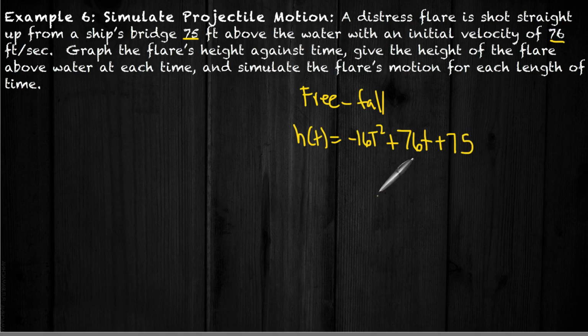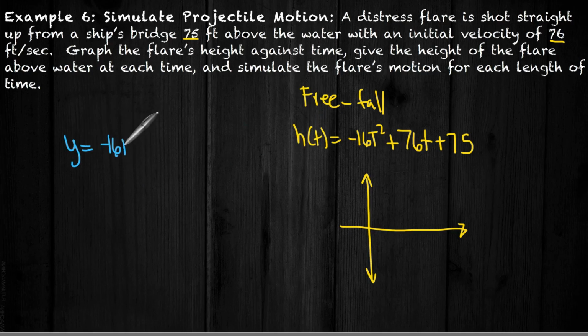And so we won't have to take the time to do this, but if you use your calculator, first and foremost, you need to be in parametric mode. And what you'll do is this equation will be your y, so y equals negative 16t squared plus 76t plus 75.